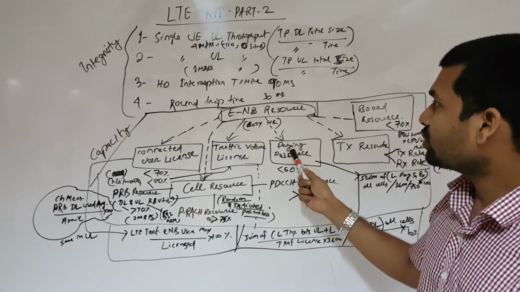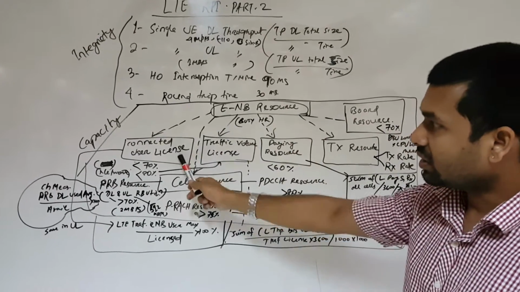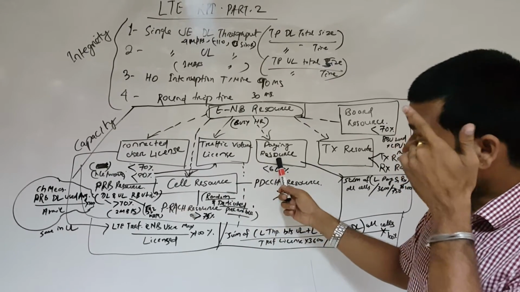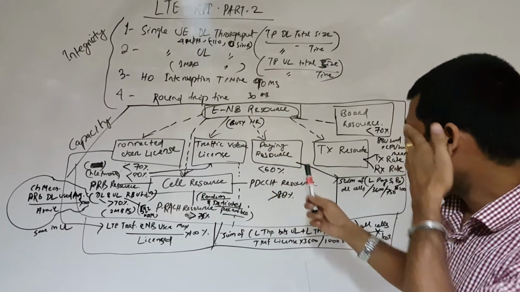This is the third one from eNodeB resource: connected users, traffic volume license, then paging resource. This is very important, the paging part.